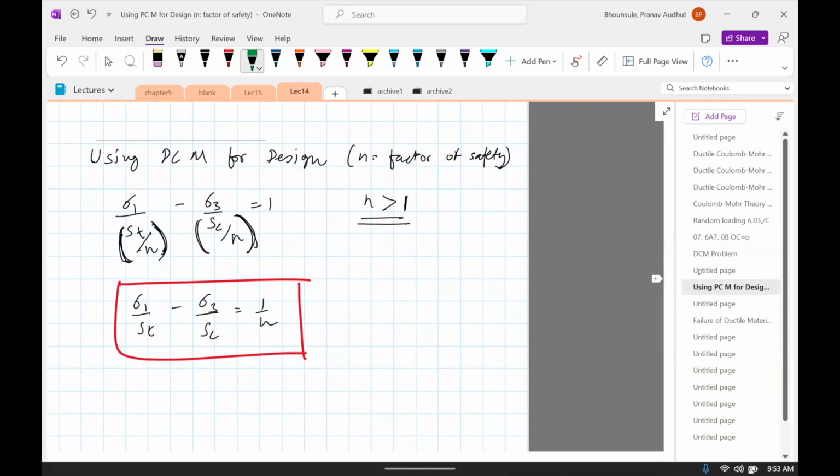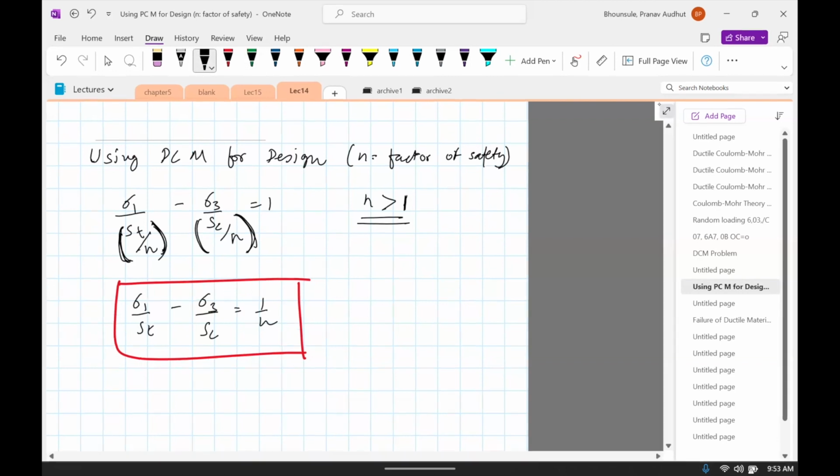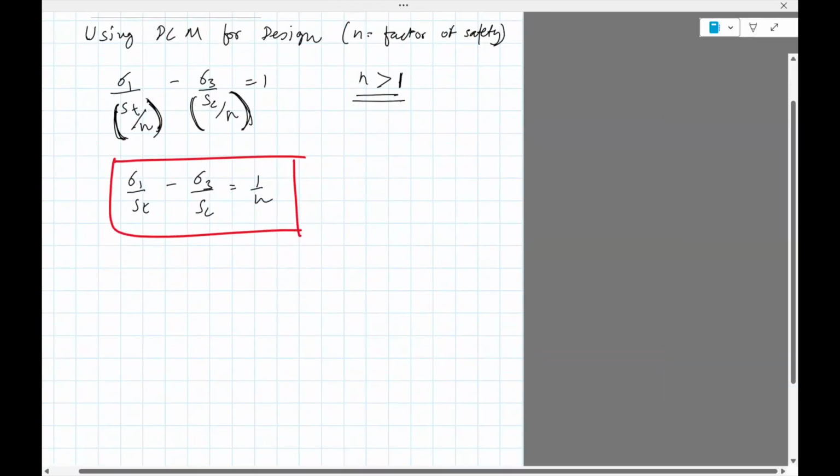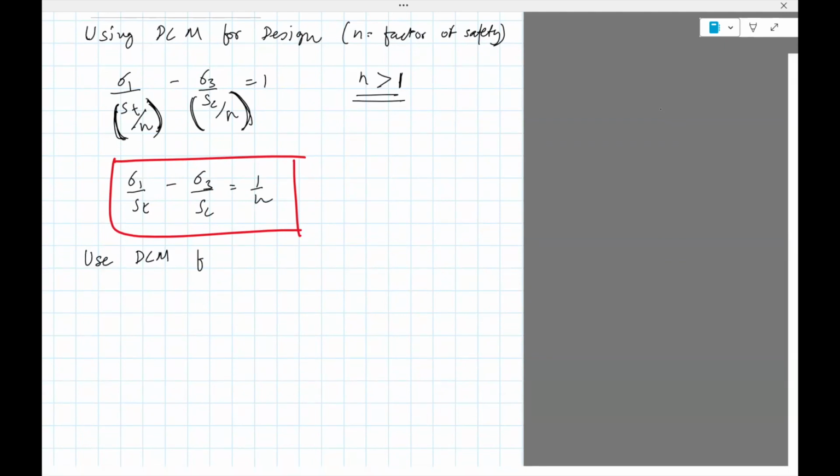Now, all these things we've talked about are for pure tension or pure compression. We could also use DCM, ductile Coulomb-Mohr, for shear experiments, for pure shear.